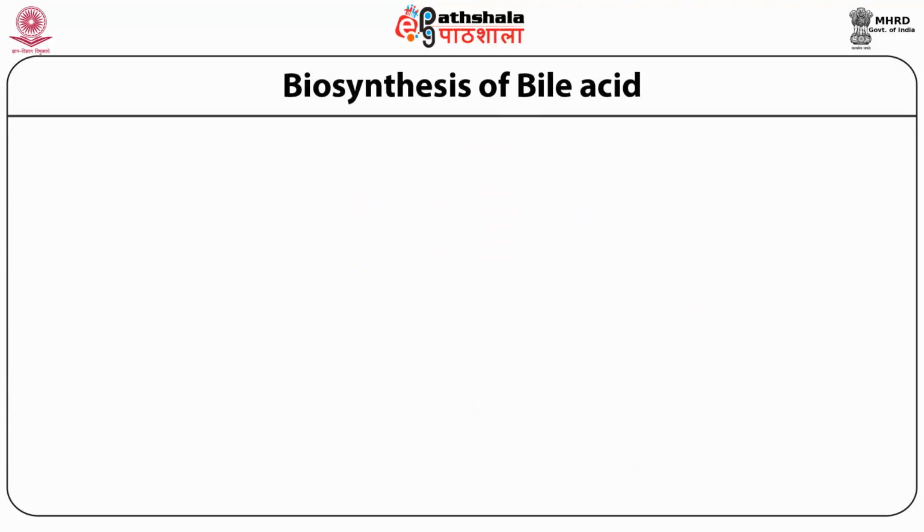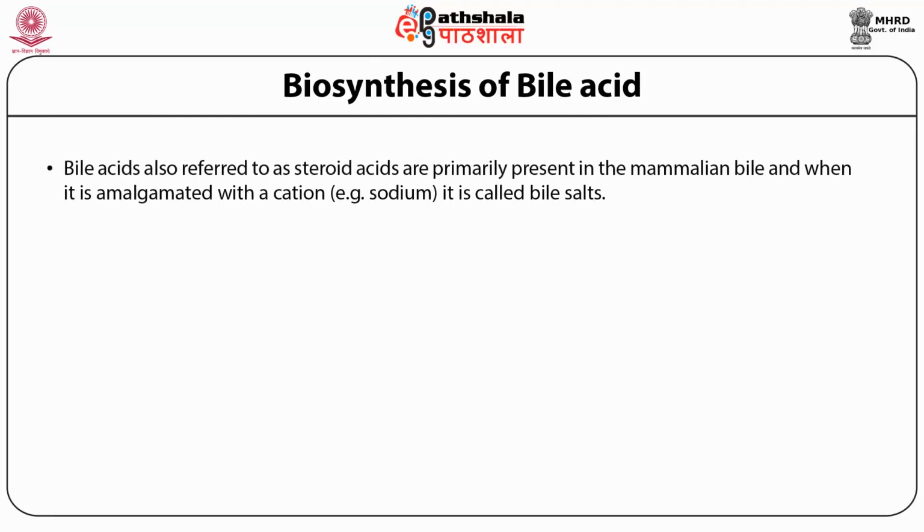The biosynthesis of bile acid. Bile acids, also referred to as steroid acids, are primarily present in the mammalian bile, and when amalgamated with a cation, for example sodium, it is called bile salts.